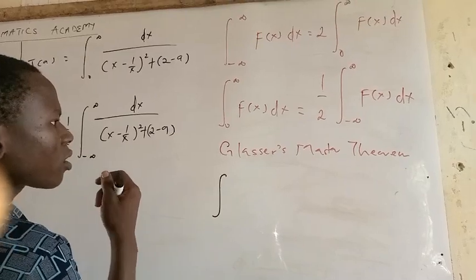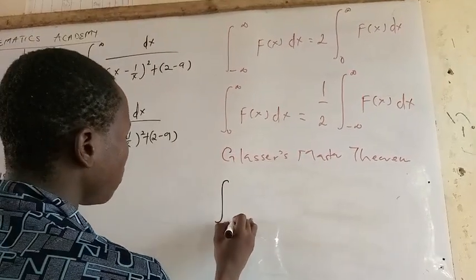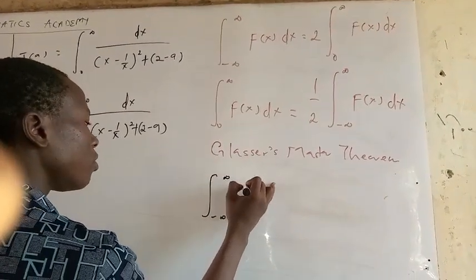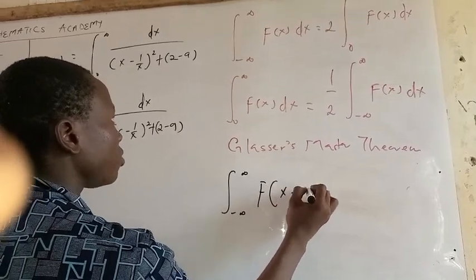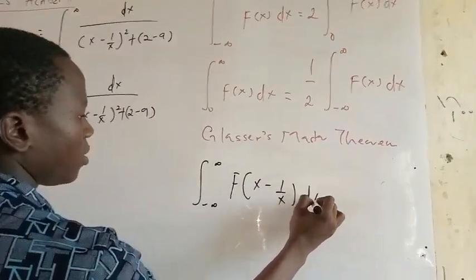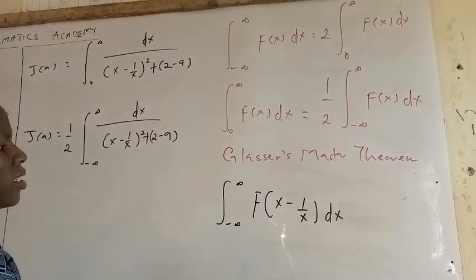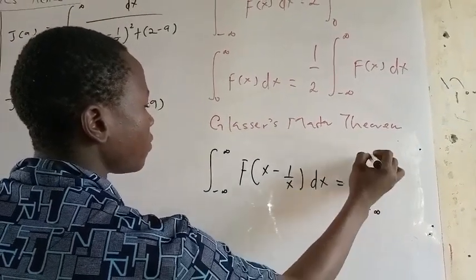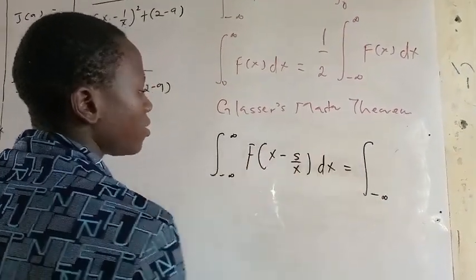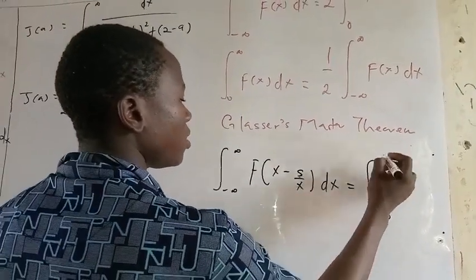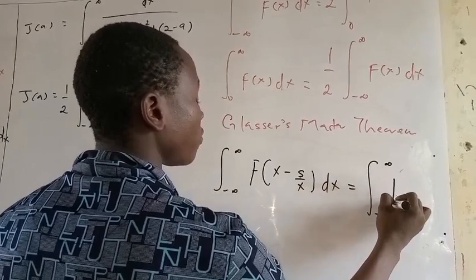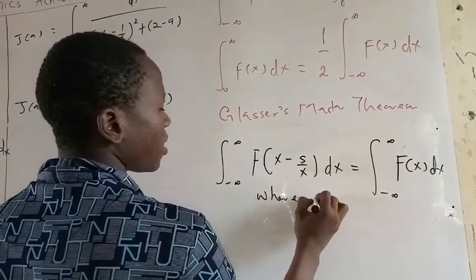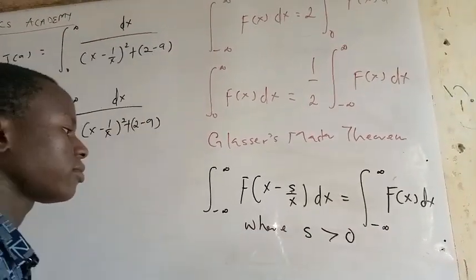So here is the theorem. The integral running from negative infinity to positive infinity of f of (x minus s over x) dx is the same thing as the integral running from negative infinity to infinity of f of x dx, where s is greater than 0.